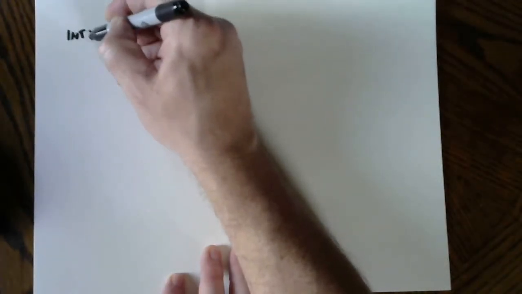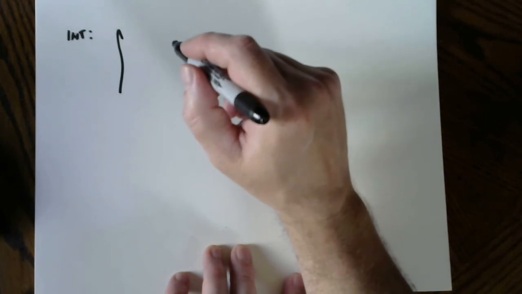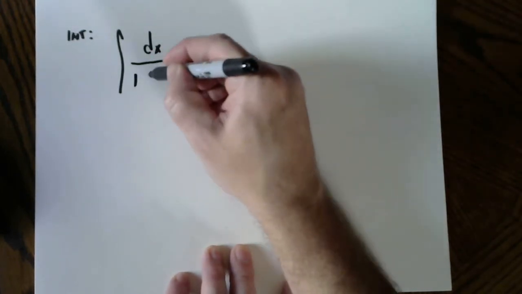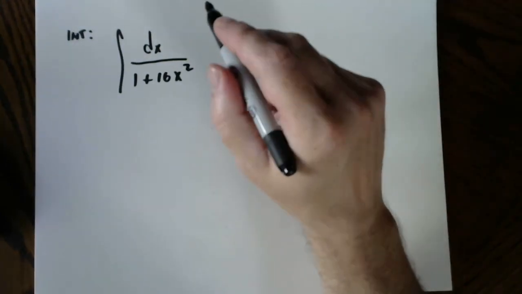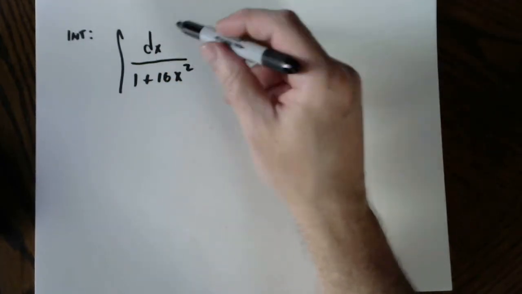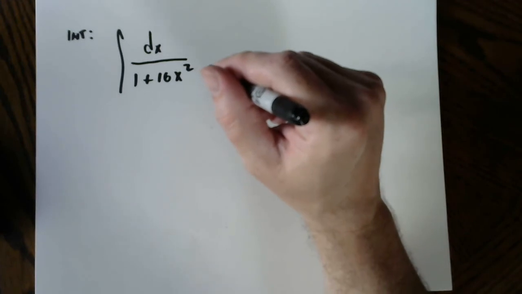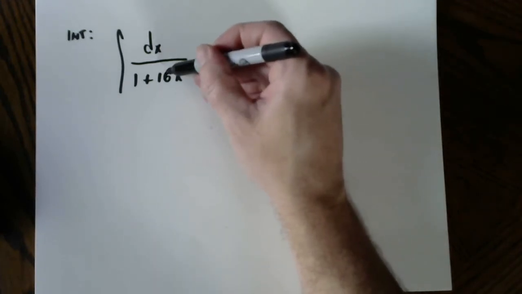I'll just do a few. Let's integrate. Okay, when you look at an integral, sometimes you think, what does this resemble? This sort of resembles the arctan. Now, there's a 16 there. That's not trivial.